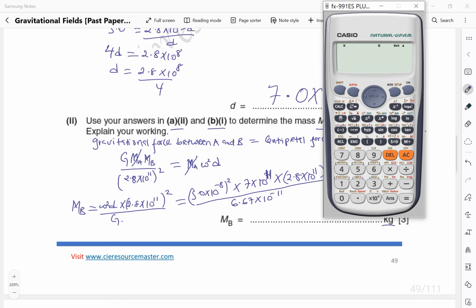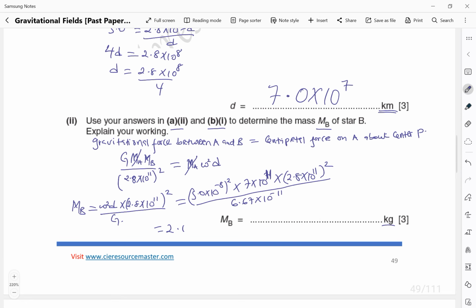What have I done? 5 exponent minus 8, squared, 7 exponent 11, 2.8 exponent 11 but this is squared, over 6.67 exponent minus 11. That is 2.05 or 2.06 times 10 to the power of 30.